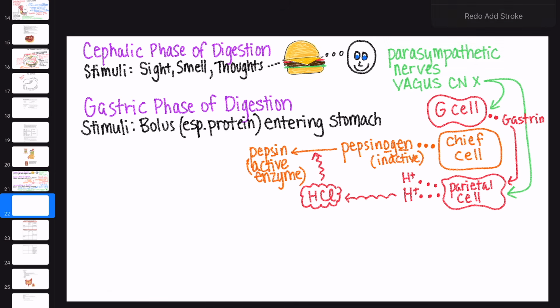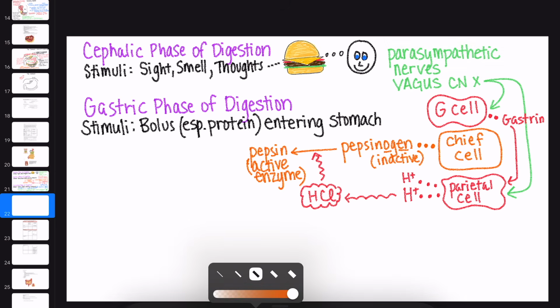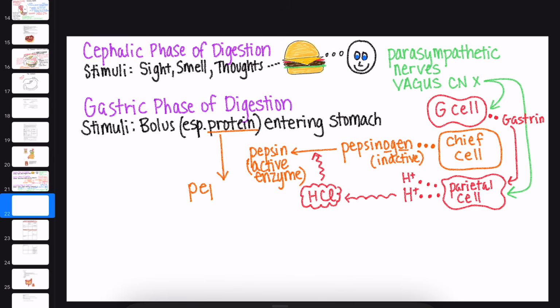Pepsin is going to convert the protein that's in that food that enters the stomach, and it's going to break it down into smaller peptides. So it gets the chemical digestion of protein started. We have to have acid for that. So if you don't make enough stomach acid, or you take too many stomach acid blockers, you might actually have trouble breaking down the protein in your diet.